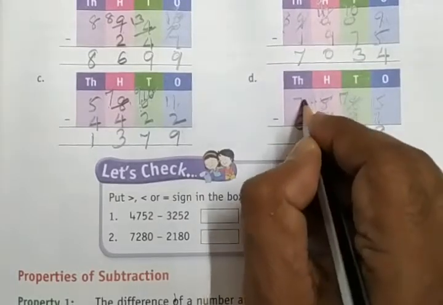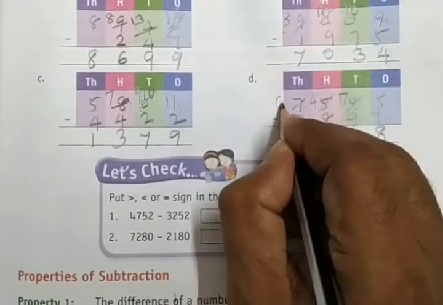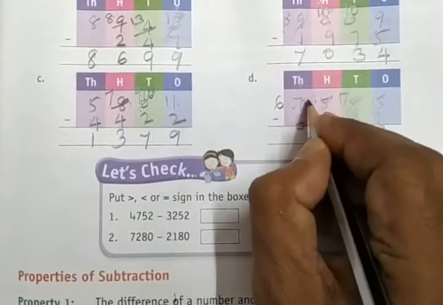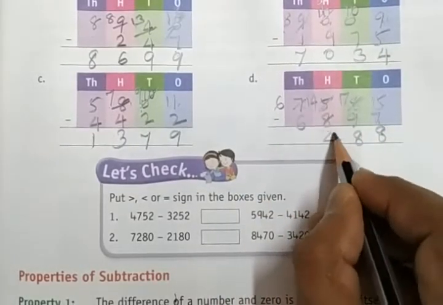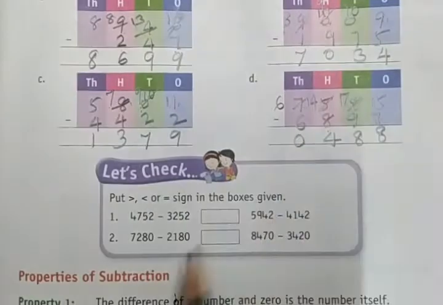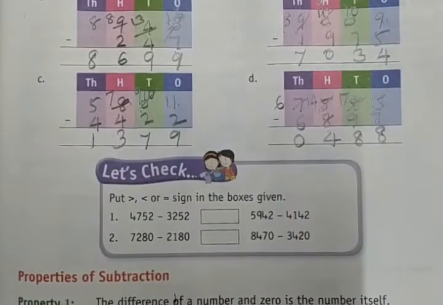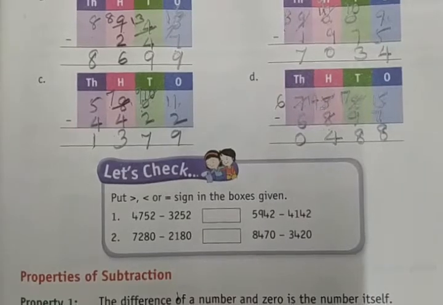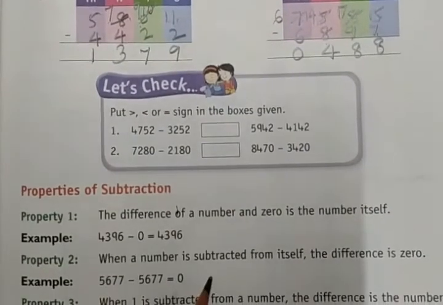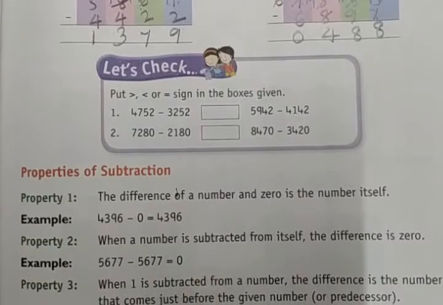For that you have to borrow. It will become 6 and it will become 14. 14 minus 8 is 6. 6 minus 6 is 0. Alright. The subtraction of 7585 minus 6897 is equal to 688. Okay.